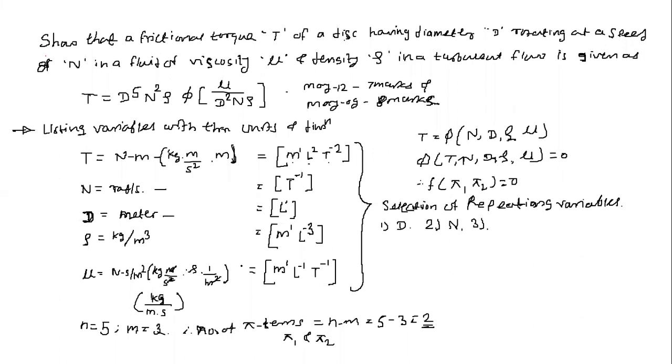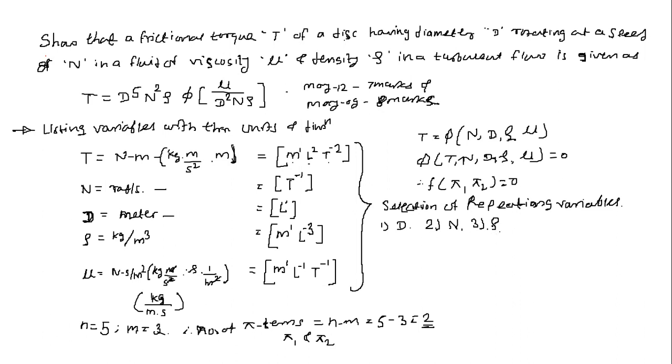Here we have a choice: either density or viscosity. We will consider the fluid property as density. Those are the 3 repeating variables: a geometric variable, a kinematic variable, and a dynamic variable.